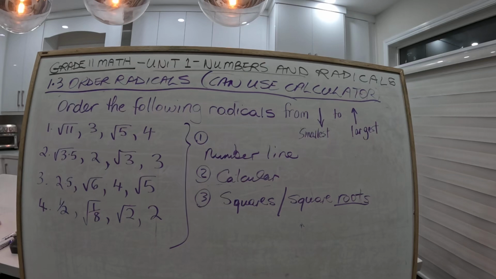So I think I'm going to do one more unit to finish it off, and that will be simplifying radicals by factoring. Or perhaps I should leave it to this point.